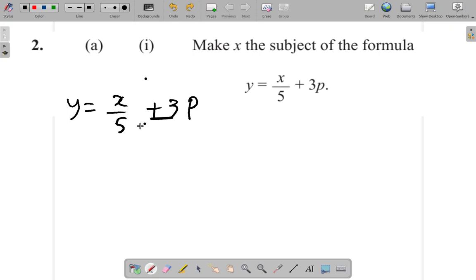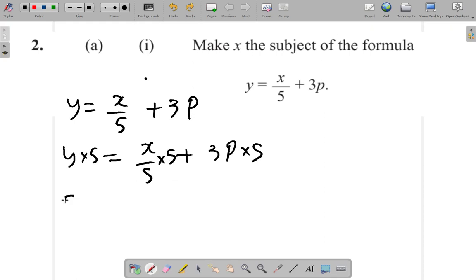If you multiply throughout by 5, y times 5, x over 5 times 5, 3p times 5, you get 5y equals, 5 cancels 5, you have x plus 3 times p times 5, 3 times 5 is 15, so you have 15p.